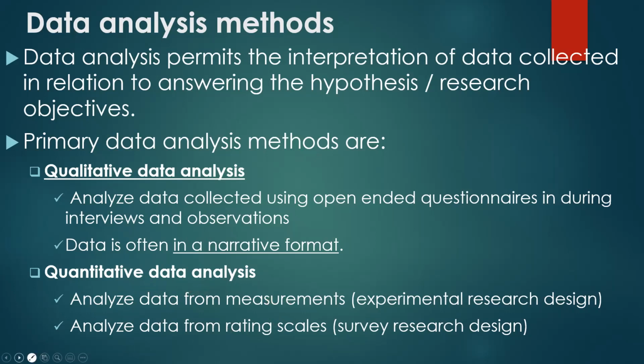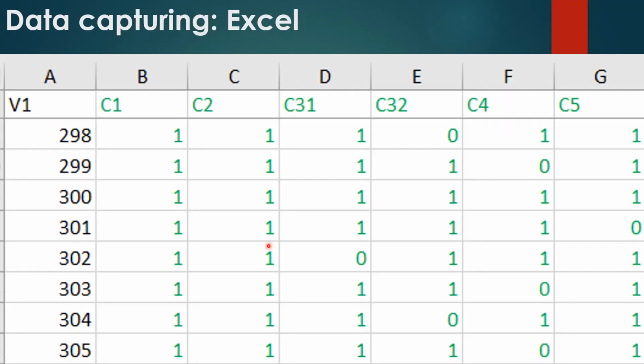Okay. So qualitative data is obvious, I mean, narrative format. I don't think this is difficult to understand. The differences between them are clear. Now I just want to show you how you capture your data on Excel.